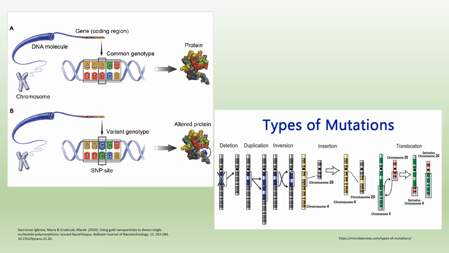One of the things we talk about when we talk about genes are mutations. A mutation is a change in the gene, and it can be very small. One of those nucleotides can change.